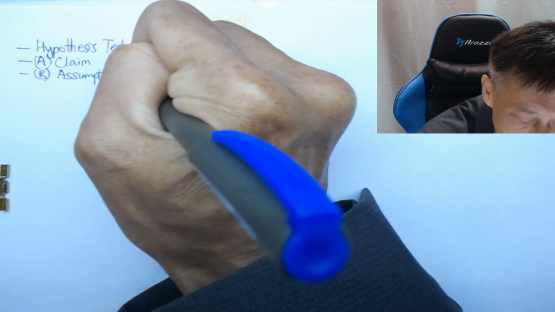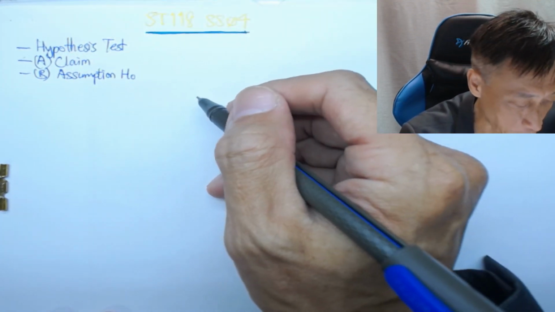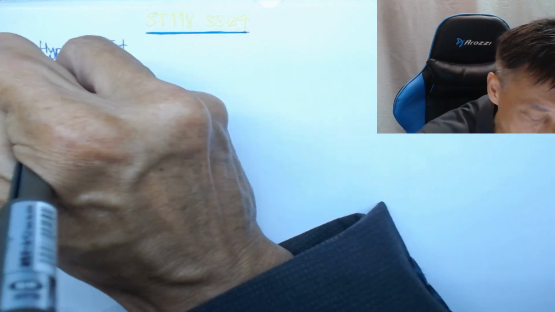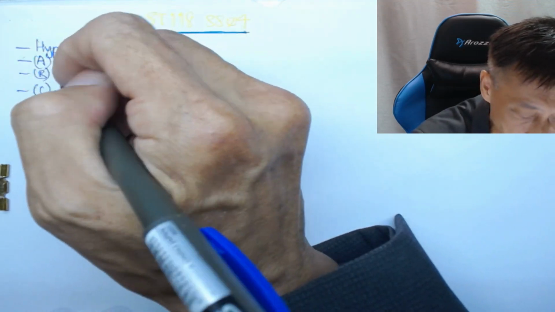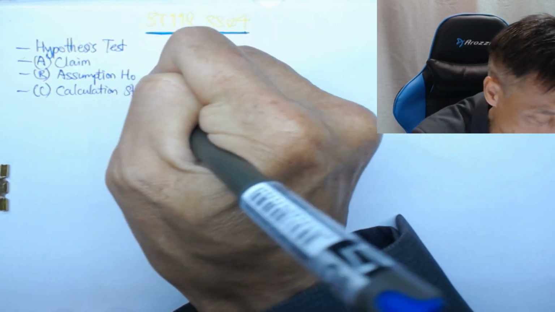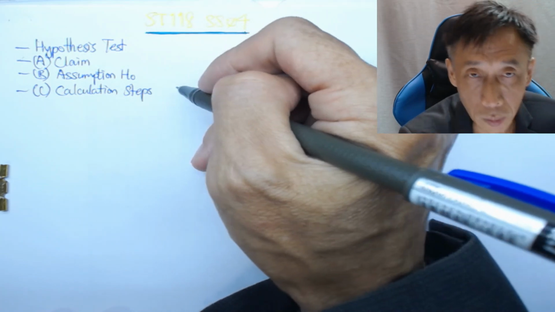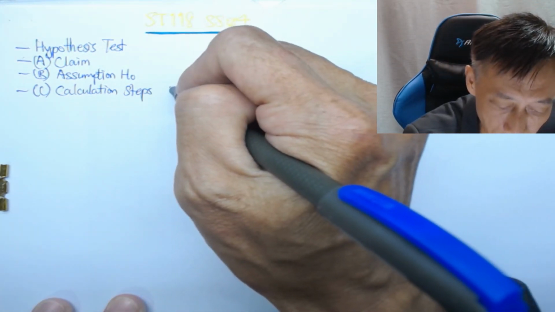Now, of course, some of these terms I haven't really explained or talked about them, so just bear with me. In part C, we'll talk about the steps in calculations. All hypothesis tests will involve these steps, and there are 4 parts to it.